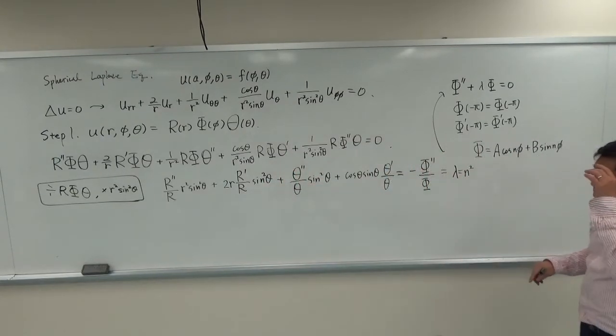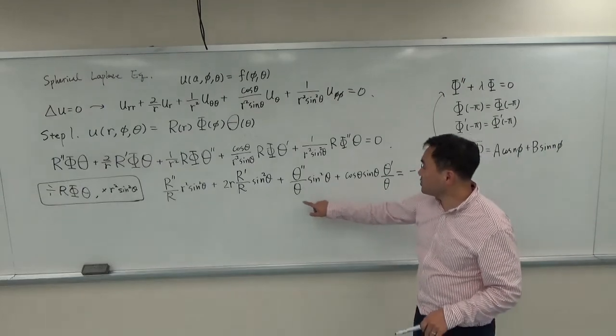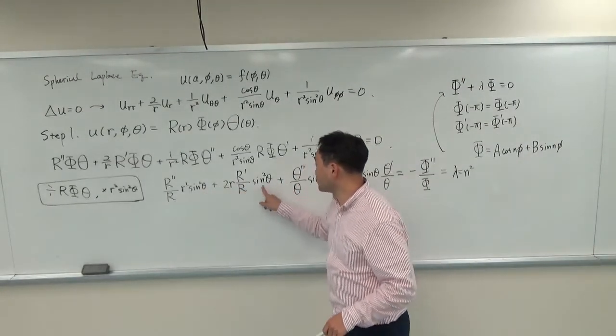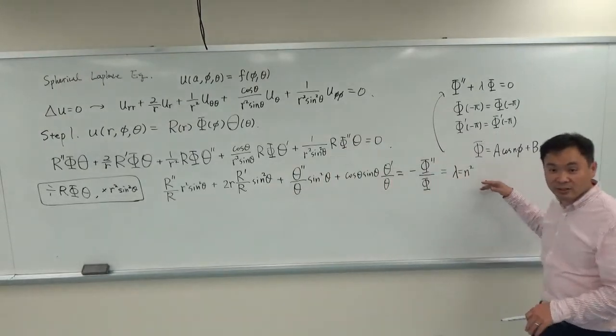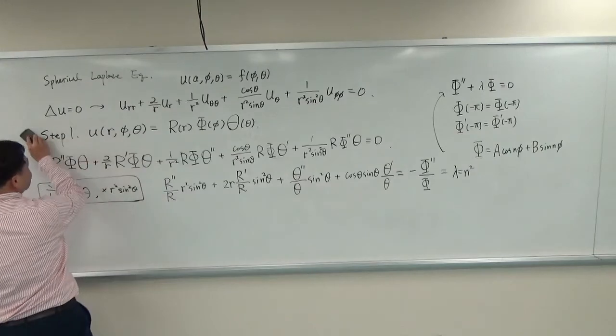Okay. Okay, so then, now with this n squared, I can move these to the other side and divide it by sine squared, right? And the result is the following.